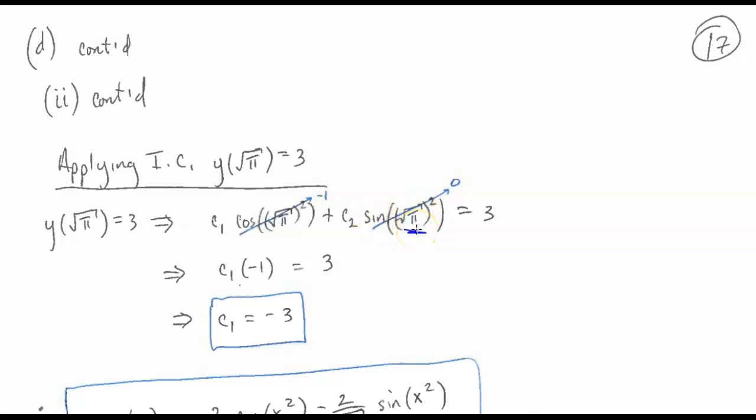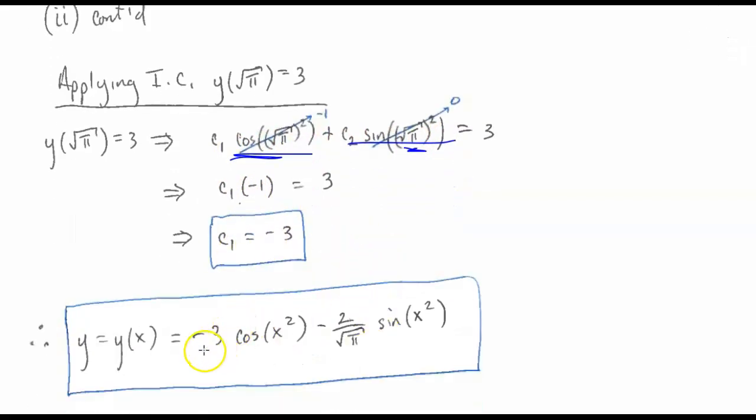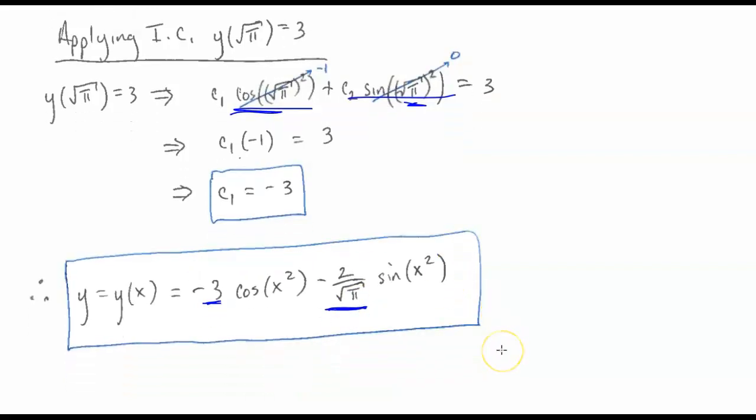Sine of pi is 0, so this term gets eliminated, and we just have to work with this one. And we see here that C1 just ends up being -3. Then we let C1 be this, let C2 be that, and we are done. So we have a particular unique solution for our ODE. And you see how we got that using those initial conditions.